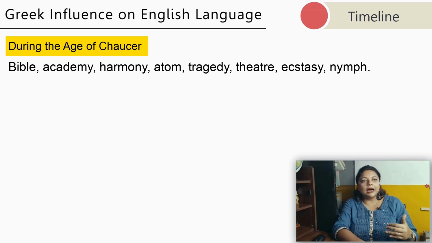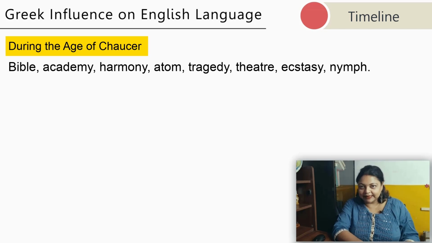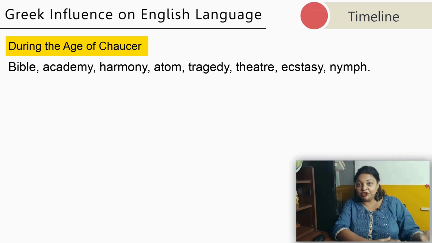When people started to have the taste of classical way of thinking or living, when they wanted to be more sophisticated, mostly rich people belonging to the higher economic belt, they wanted to have a taste of the classical life.